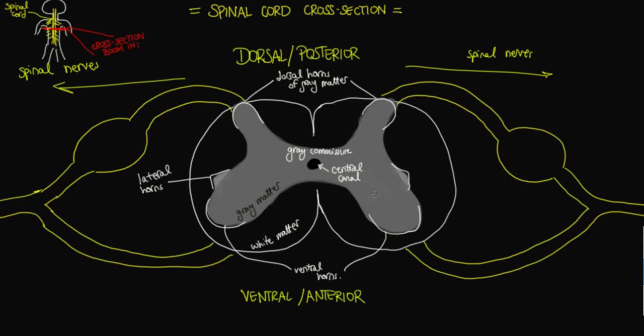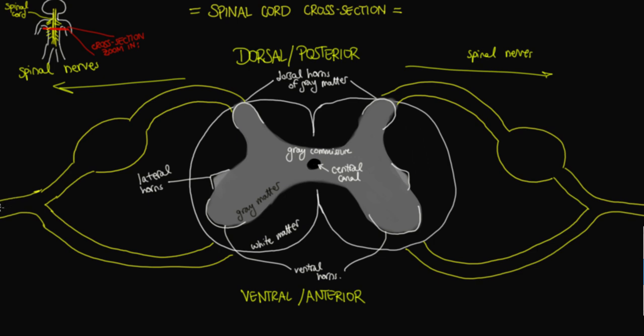So now let's go ahead and talk about what these horns contain. But in order to understand what these horns contain, we need to understand the pathway of neurons, or the pathway of input or messages that come towards and exit out of the spinal cord. So the first thing that you want to note is that the spinal cord receives sensory information.